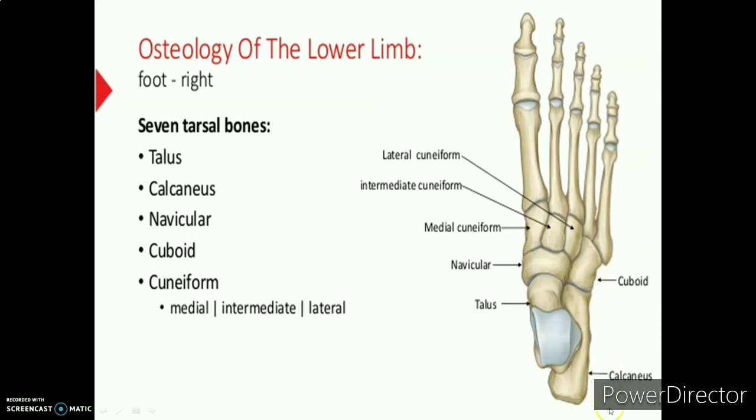Among these, the calcaneus is the strongest bone. The cuneiform has 3 subtypes: medial, intermediate and lateral. So this is about the tarsal bones.